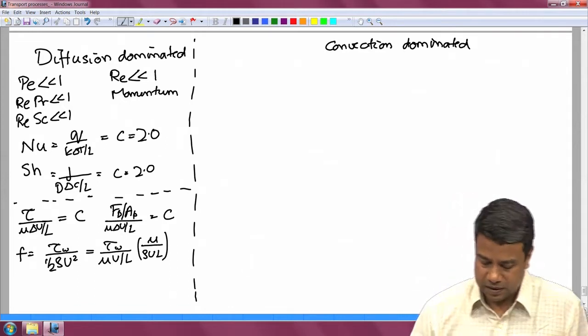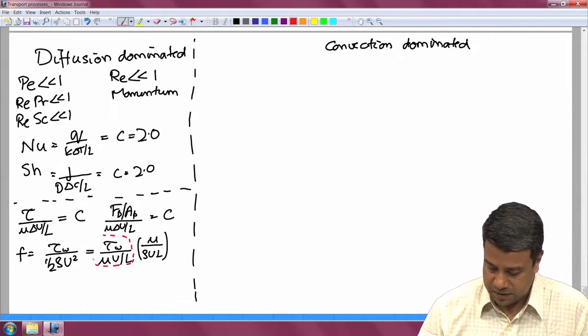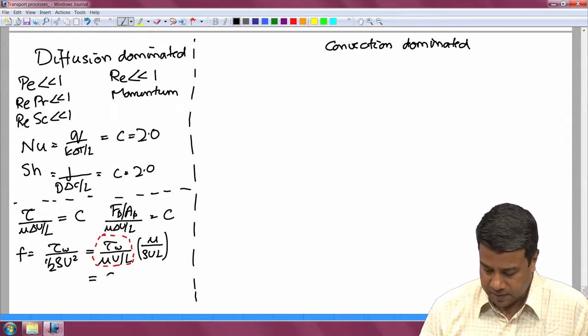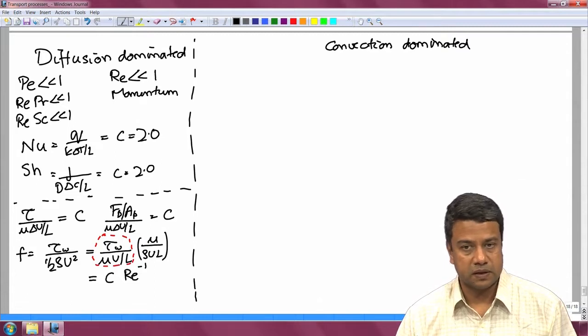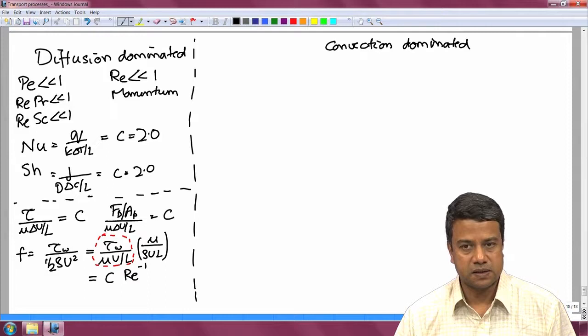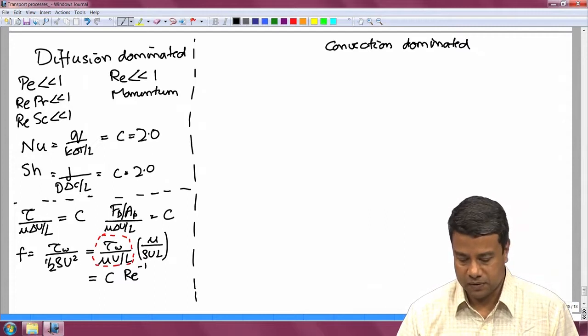And you can see that this ratio has to go to a constant in the limit when the flow is diffusion dominated. So, therefore, this has to be some constant times Reynolds number inverse. That is the reason the friction factor goes as 1 over Reynolds number in the limit where it is diffusion dominated. Because historically this friction factor has been scaled by the inertial scales, the pressure scales, half rho u square. If I had scaled it by the viscous scales, then when viscosity is dominant, of course, the friction factor, the scaled stress, will go to a constant value.